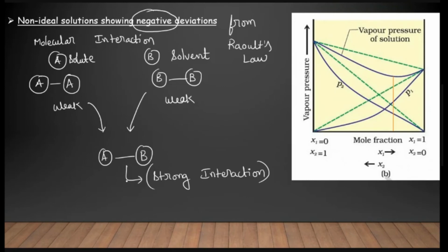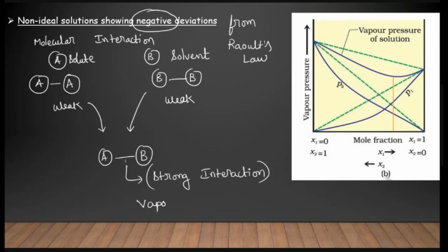Since it is a strong interaction, you cannot expect these molecules to be present in the vapor phase very easily. So that does not contribute much towards the vapor phase. That's why in the graph you can see there is a deviation from Raoult's law, which is a negative kind of deviation. That is, vapor pressure is decreasing.